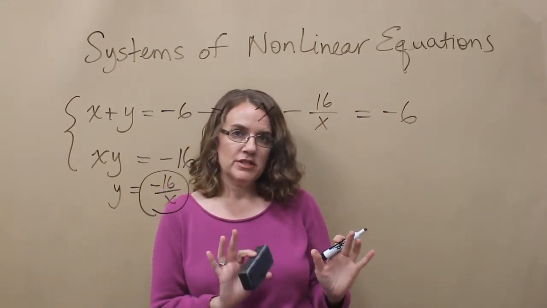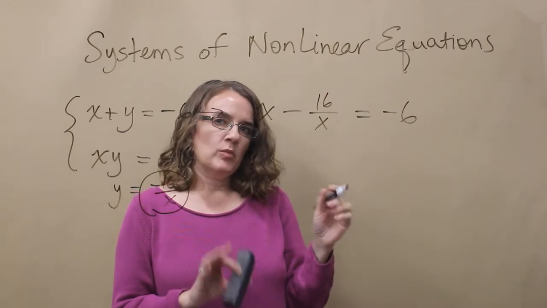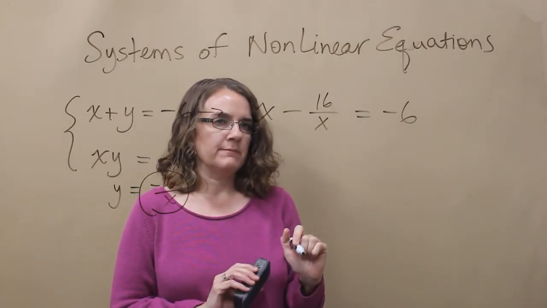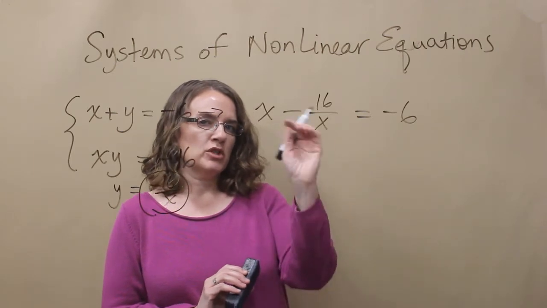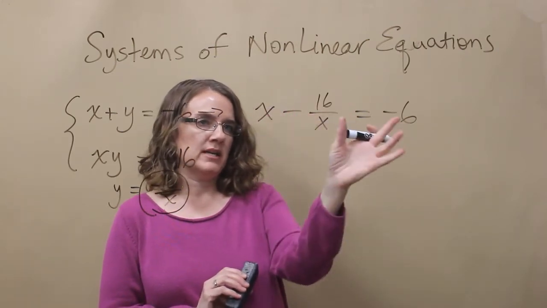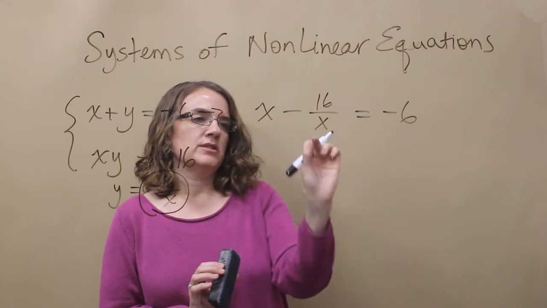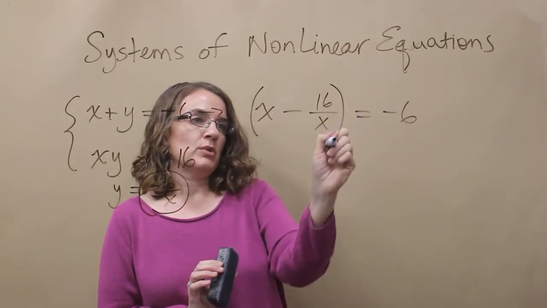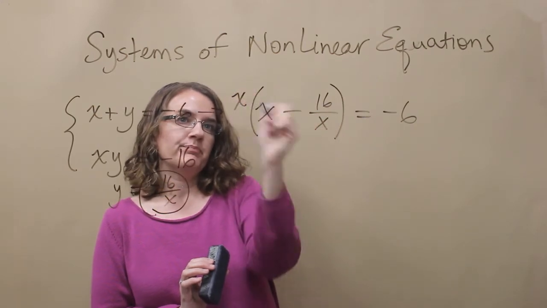It may look challenging, but when I show you how to handle this, I think you'll see that it's not too bad. Remember that we can multiply the same thing on both sides. I would like to get rid of this denominator, so I'm going to multiply by this denominator.